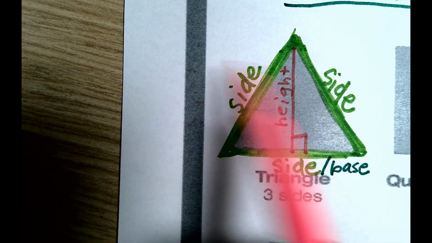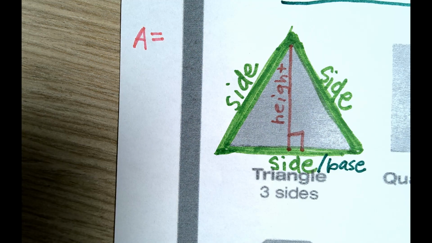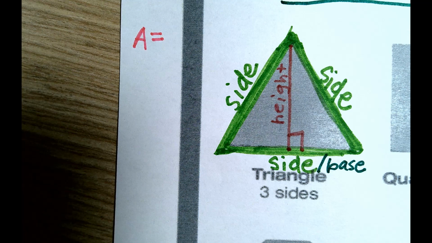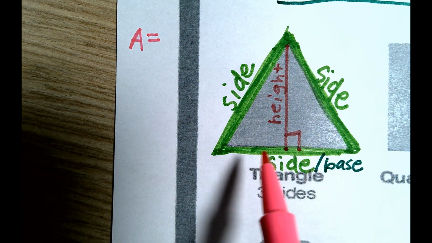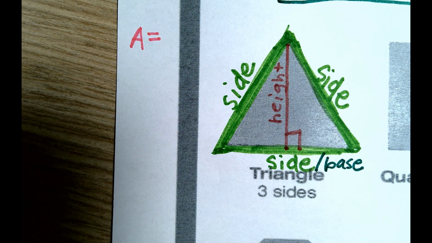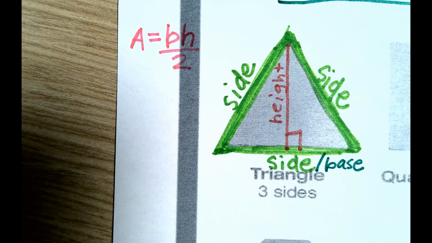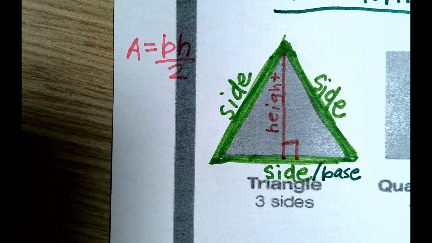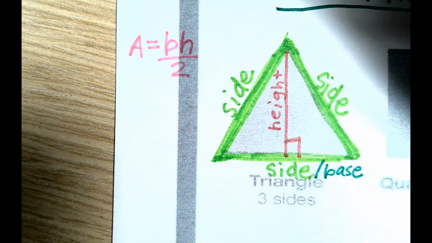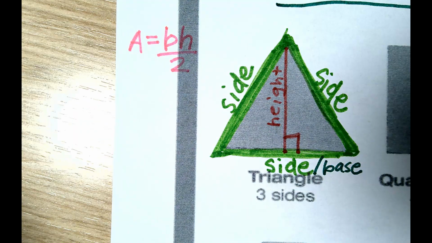So my area for a triangle is just base times height divided by 2, which Erica discovered for us today. Base times height divided by 2. And I'll write that out a little better here. Oh my goodness, I need this to be shining in a different spot.